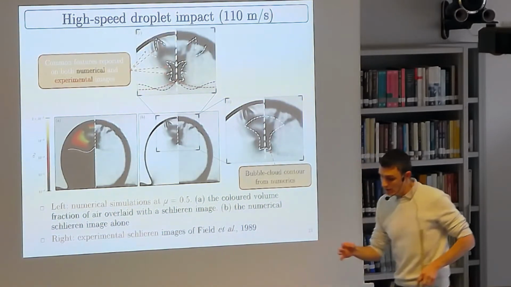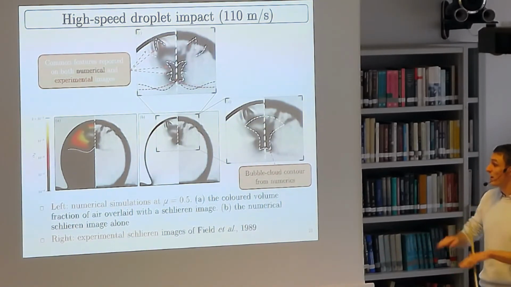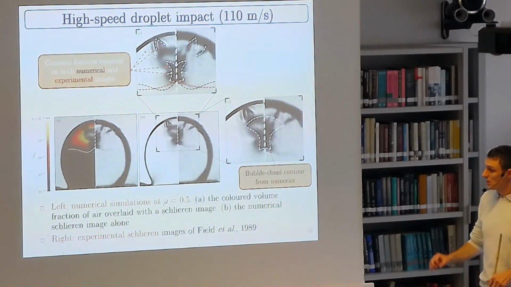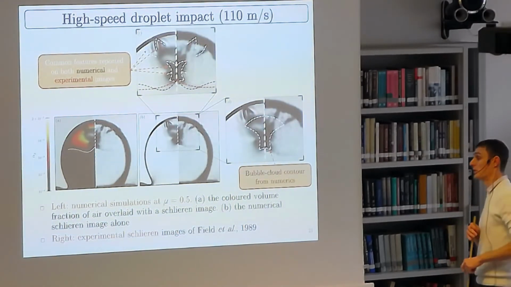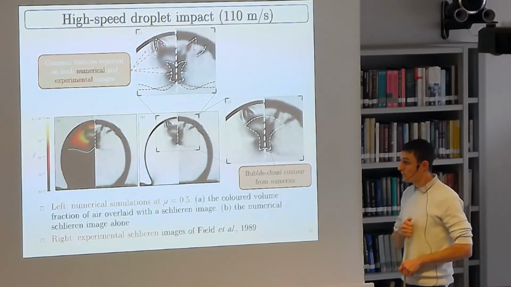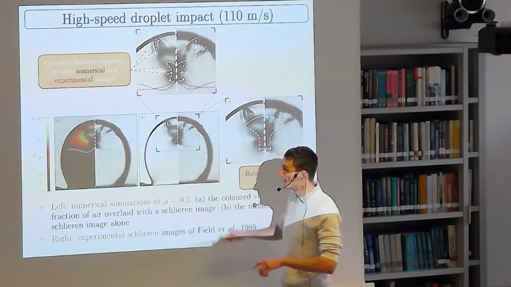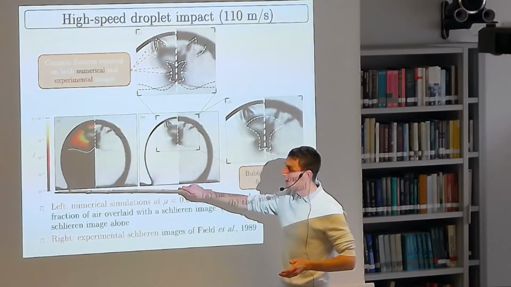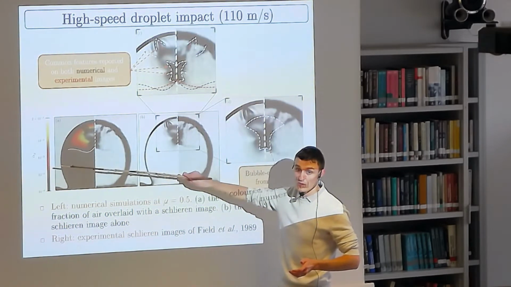It's still a cylindrical droplet, a cylinder between two plates of glass, and you need gel to make sure that it is not moving. And then you impinge it with a plate. So you have a gun firing a plate. This plate is aluminum, and this big plate of aluminum is impinging the droplet.